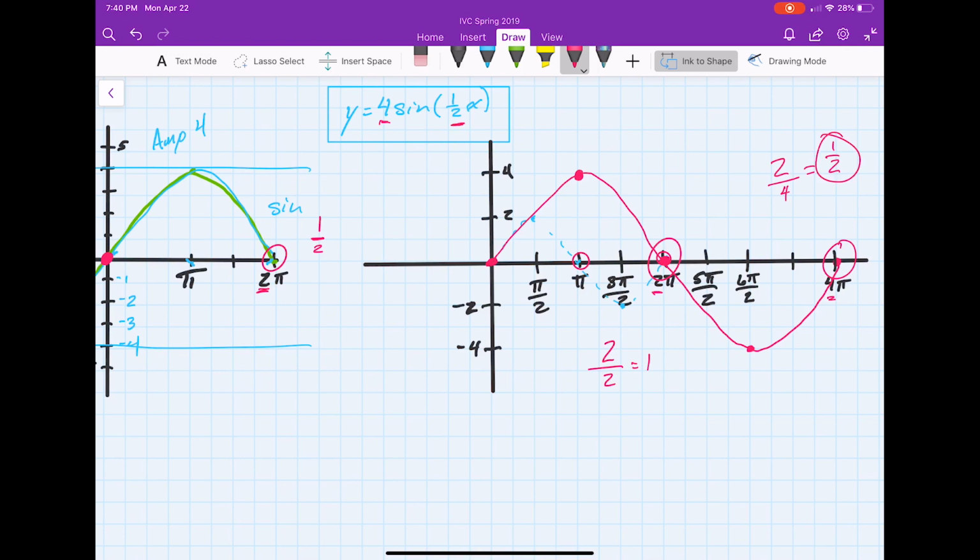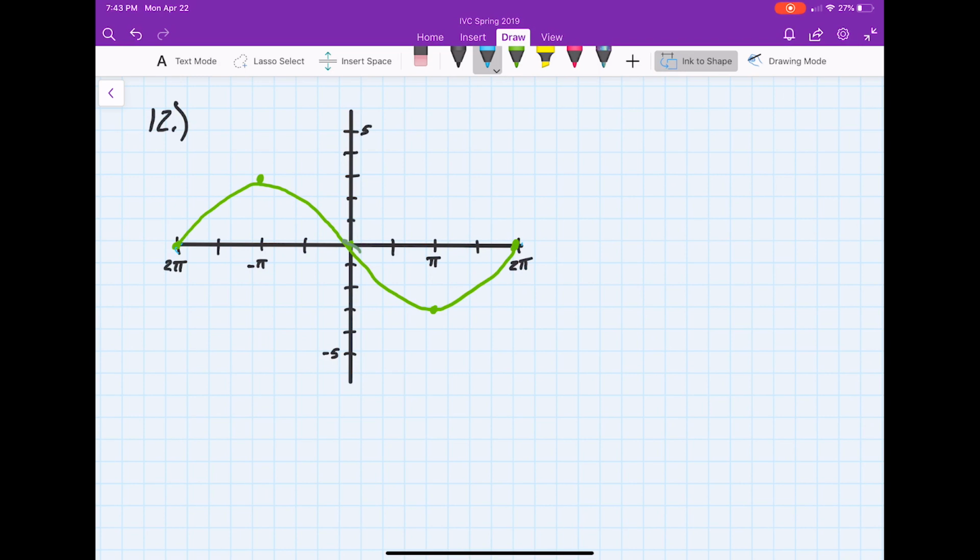Moving on to number 12, we pretty much have sine again, except it's inverted. Sine would normally look like this. And so you can see sine has been flipped. So we have negative sine, basically.